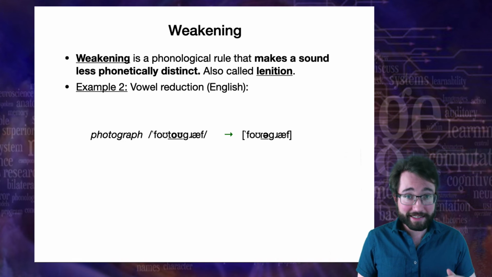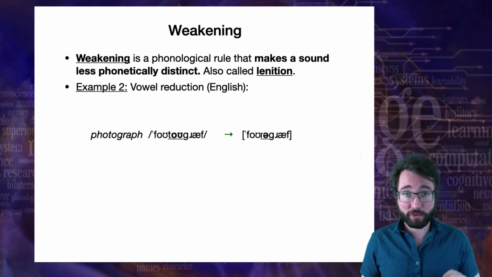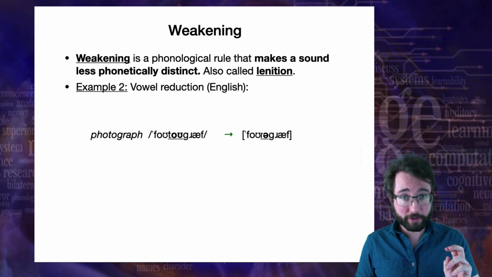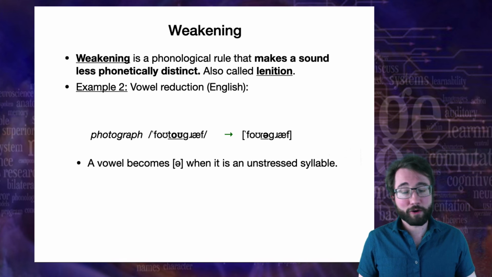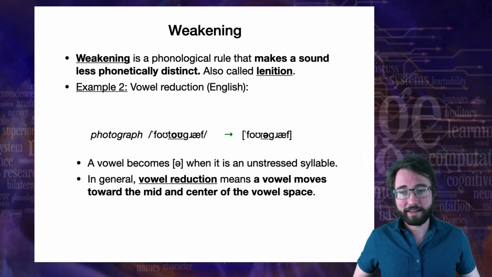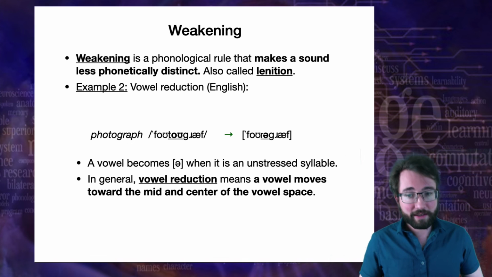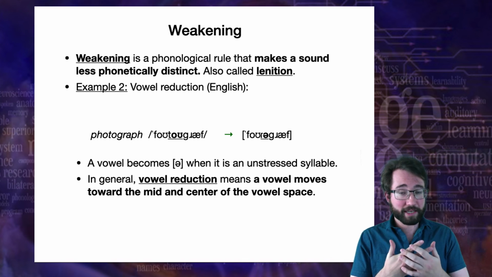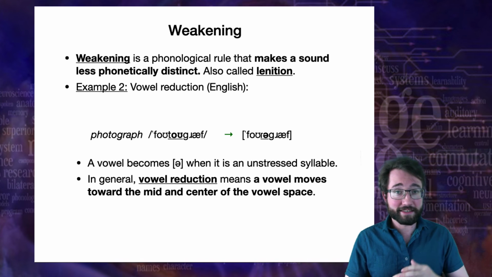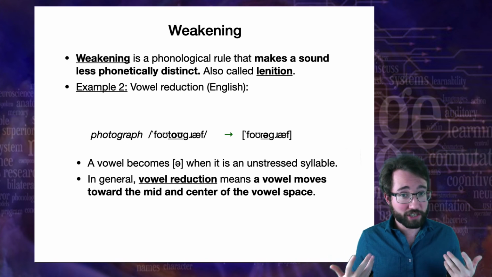So the T weakens into a flap, as we've seen, but also the vowel O weakens into a schwa, that sound, photograph. A vowel becomes a schwa when it is in an unstressed syllable. In general, vowel reduction means that a vowel moves towards the mid and the center of the vowel space, towards that area that is a lot easier to articulate because you don't have to move your tongue very much to say that sound.